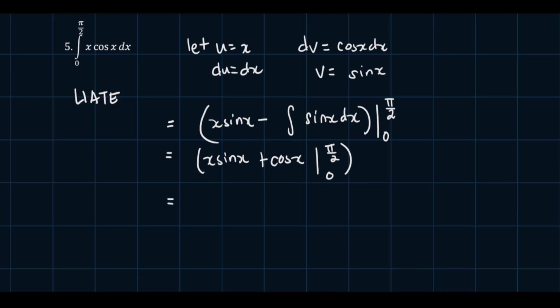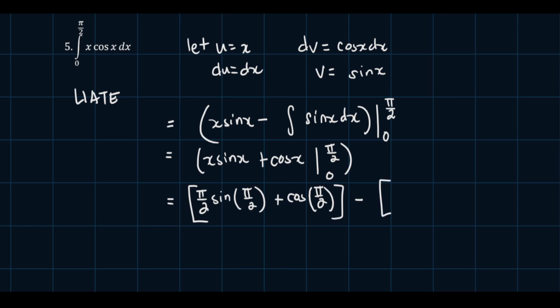Apply FTC. So we have pi over 2 times sine pi over 2 plus cosine pi over 2 minus, so at x equals 0, this would just be 0 plus cosine 0.